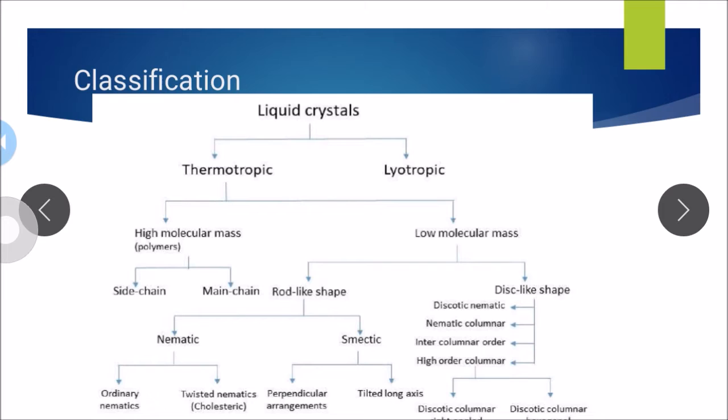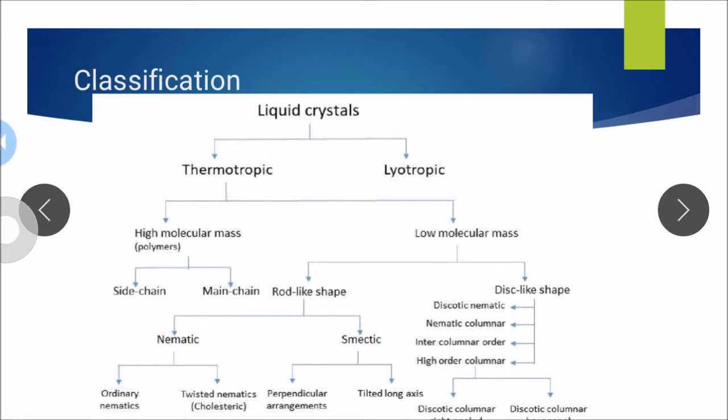The nematic may be classified further into ordinary nematic or twisted nematic. The twisted nematics usually have cholesteric, which have some important applications in the scientific field. The smectic materials are perpendicular in arrangement, and a tilted angle of the long axis is also available.